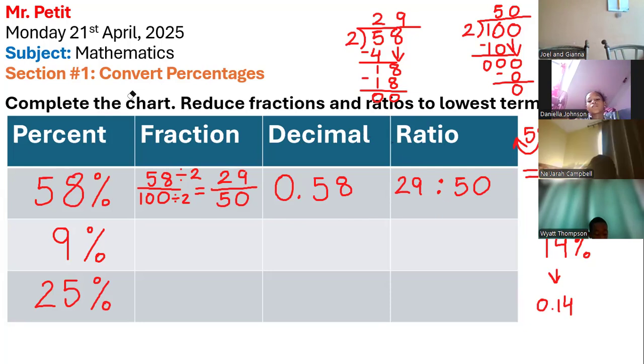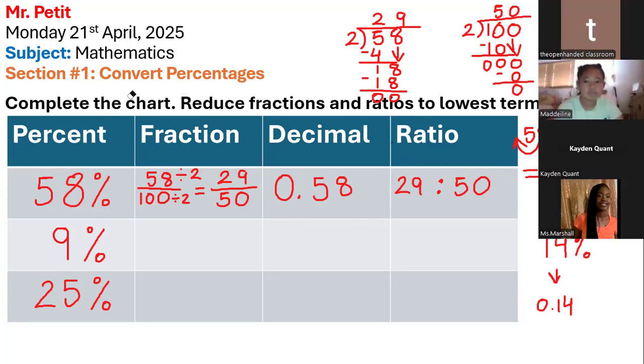So basically, Madeline, where's Madeline? Madeline, you're all over the place. Are you good? I can't hear, that's why. You can't hear? No, sir. It's really low, even though my volume is on full. How about now?